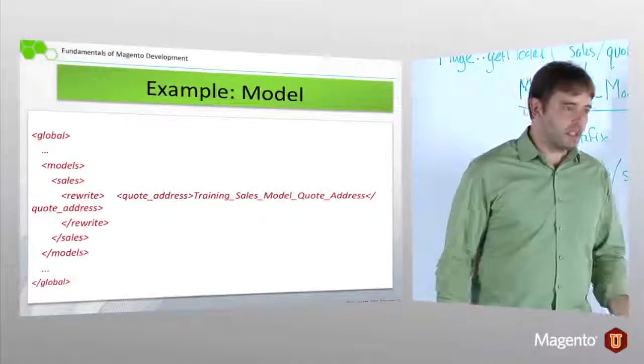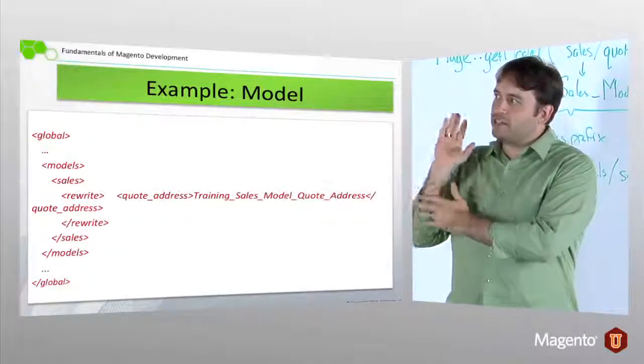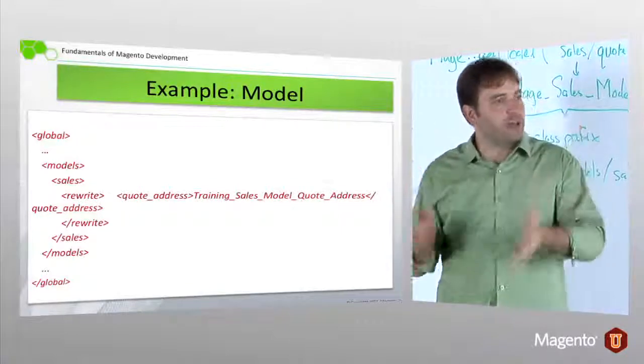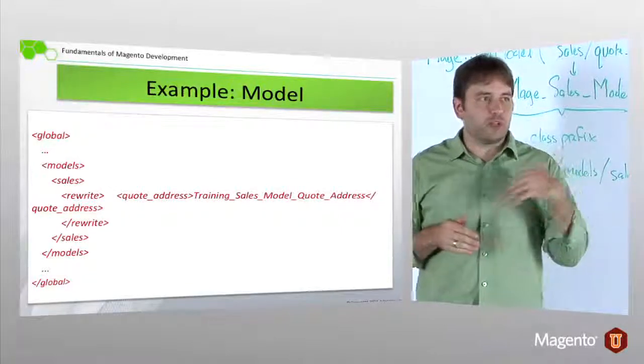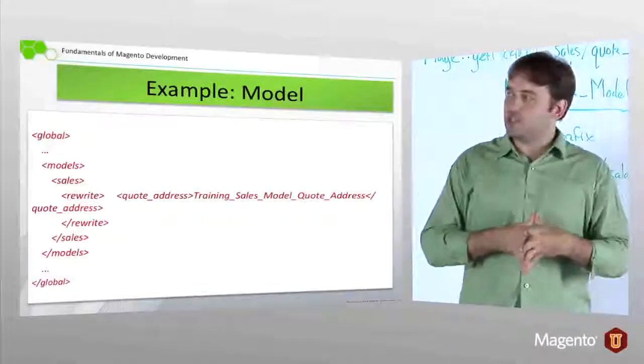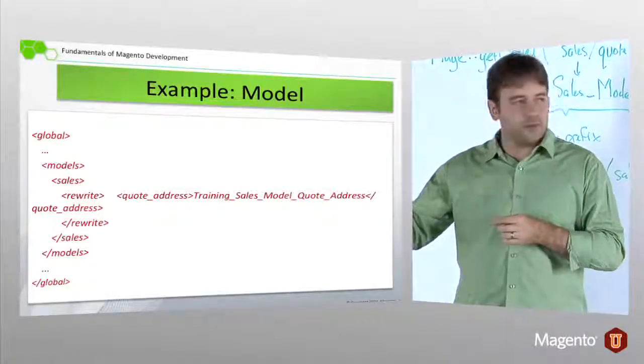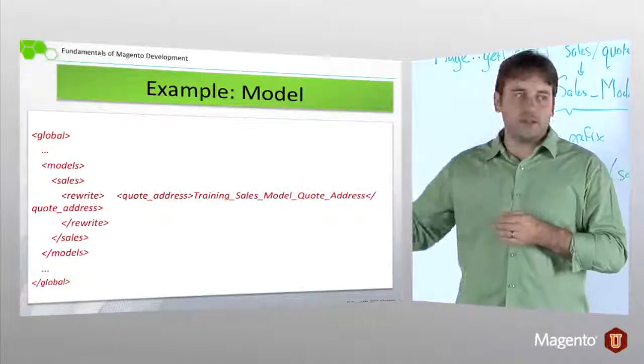It would be a silly thing to do because, again, if I see under my namespace, training, a folder named sales, I'm probably going to realize, oh, I'm probably changing something. So training, sales, model, quote, address. That's going to be the path.